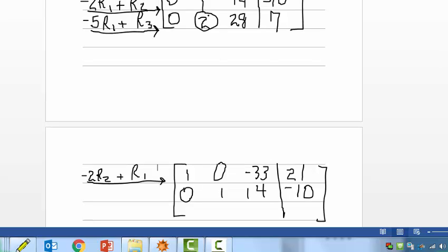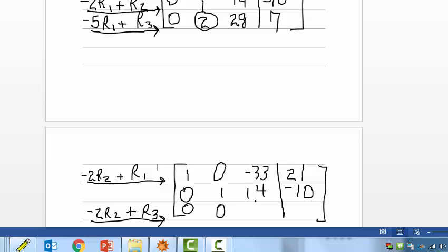Now I want to get my new row 3. I am also going to be multiplying negative 2 times row 2 again and adding that to row 3. So negative 2 times 0 plus 0 is 0. Negative 2 times 1 plus 2 is 0.